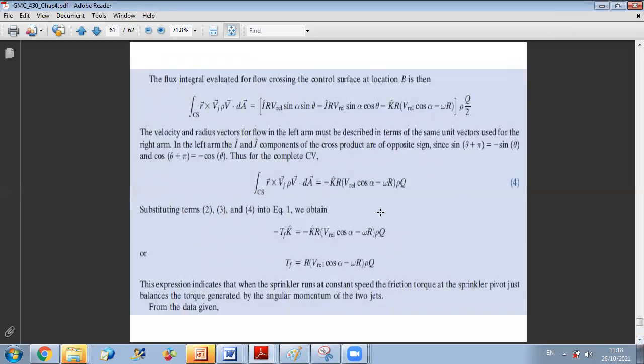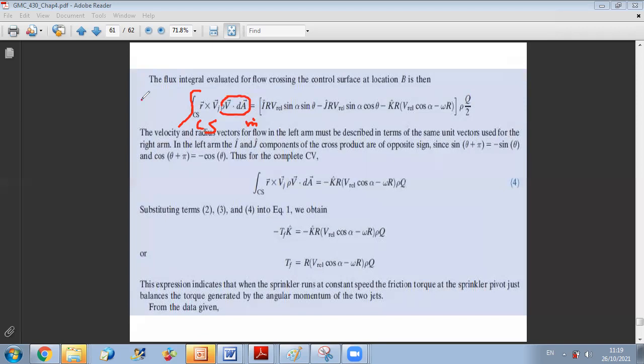So now, whenever you are done with this, you know that to calculate the total flux of angular momentum over your control surface, you should do the integral over the control surface of r vectorial Vg times rho v dot dA. This represents the mass flow rate m dot. Since here we have constant velocity at the outlet, for each jet I should compute this term, okay?